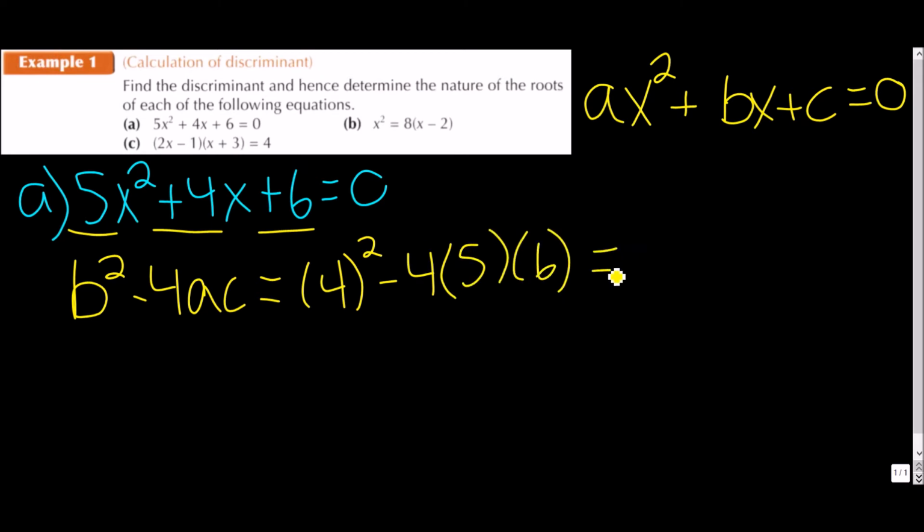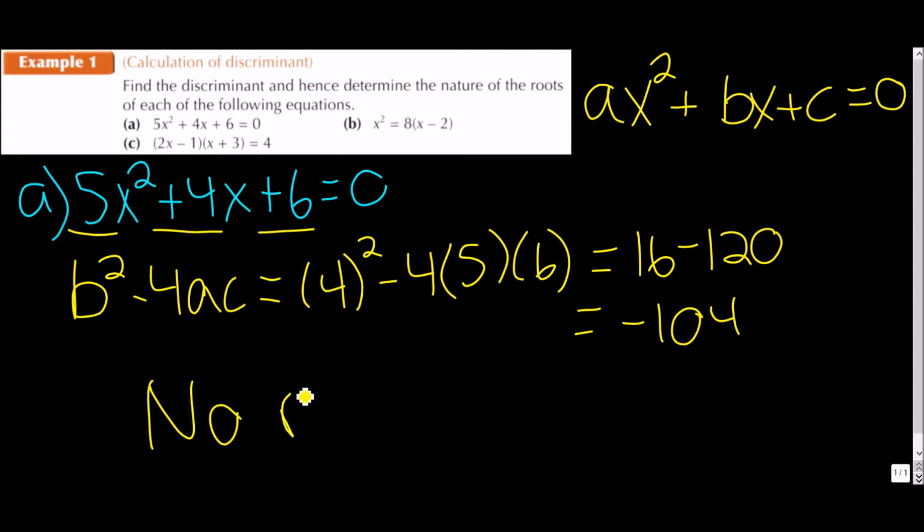So this is 16 minus 120, which is also the same as negative 104. So that is a negative number. Now if we think back to our closure, if our discriminant is negative, that means that we have no real roots. None at all. Since negative 104 is less than 0, we have that.